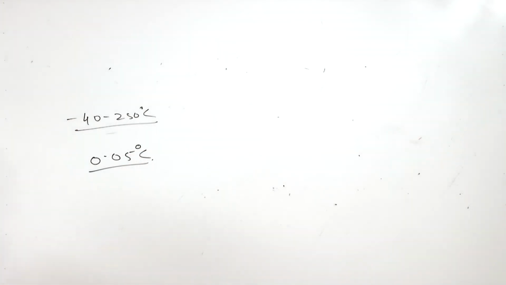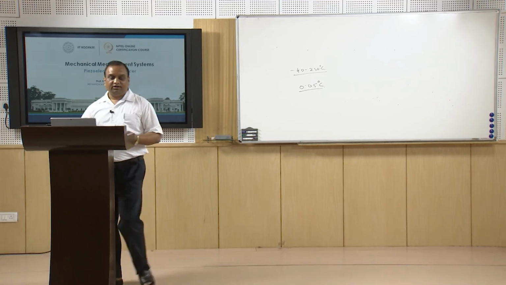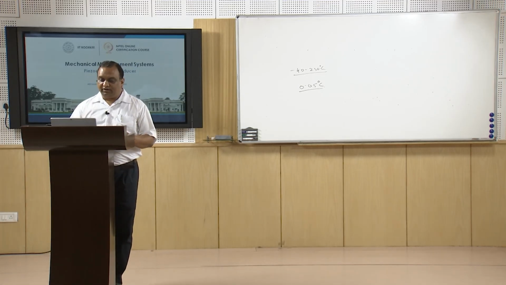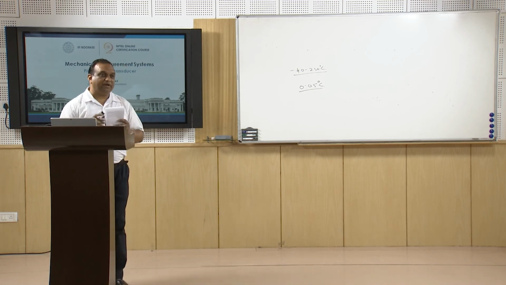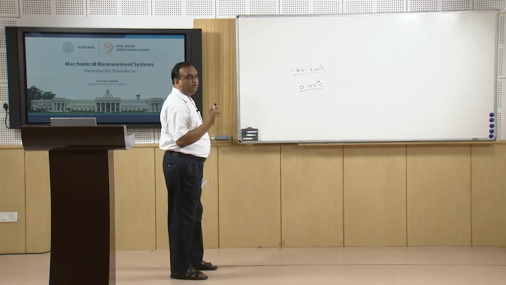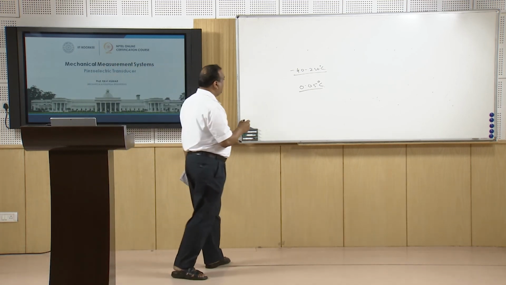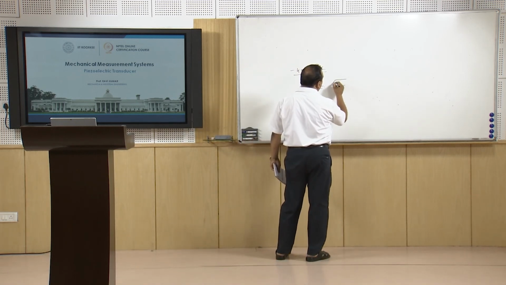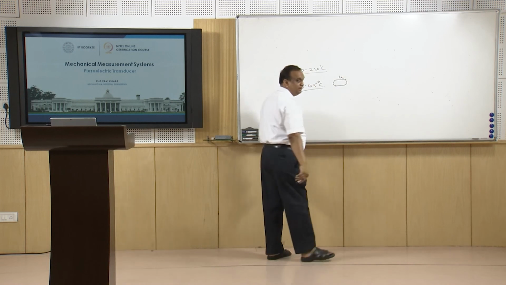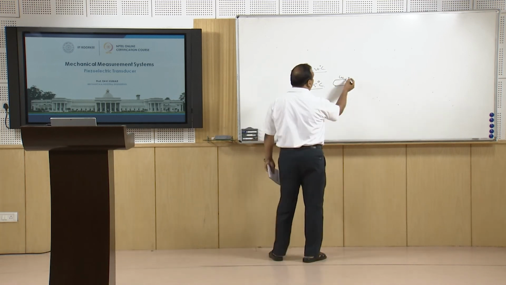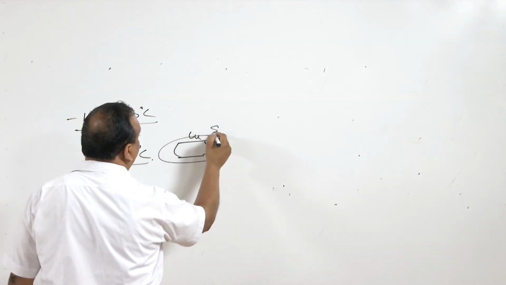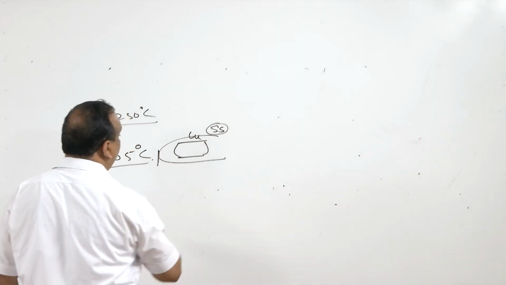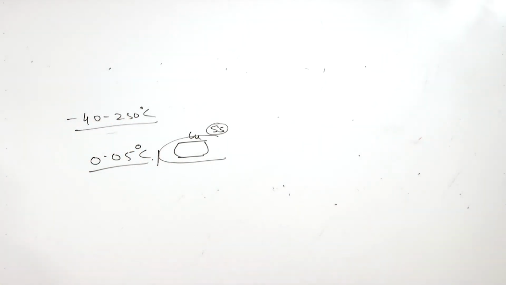So it is quite linear as far as the temperature measurement is concerned, and the quartz crystal does not come into direct contact with the measurement. It is put in a capsule or a cylinder of copper, and this cylinder is again put in a tube of stainless steel, and this stainless steel tube surface comes into contact with the measurement.